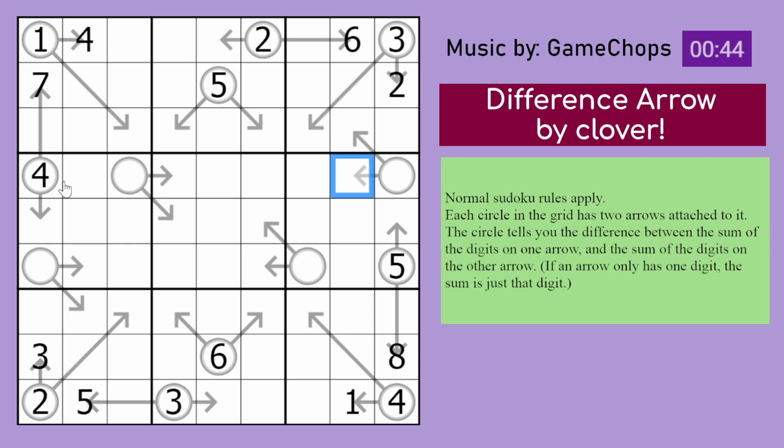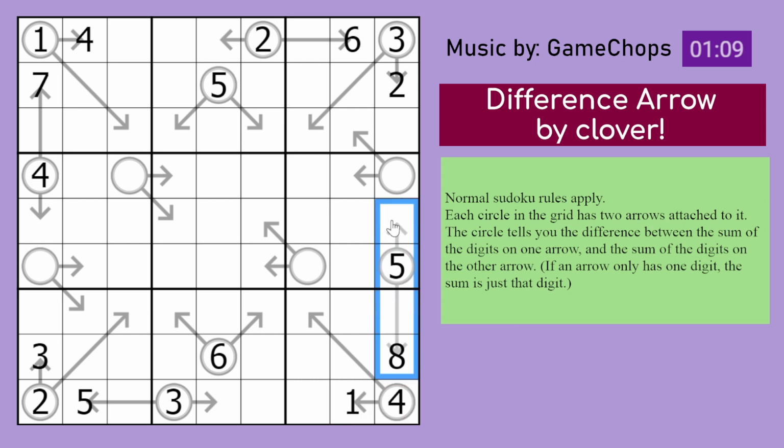So for example, this 5 here is to say that the difference between the sum of these two digits and this digit is 5. So if this was like a 1, for example, this would sum to 9. And if I made this a 4, they would be differing by 5.